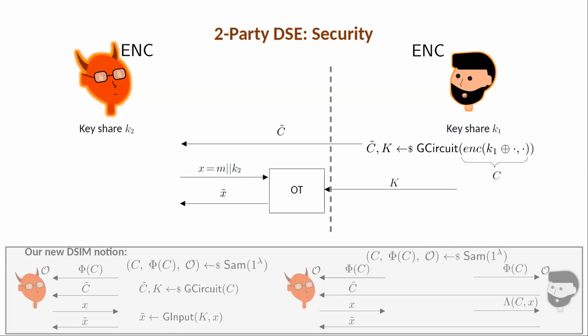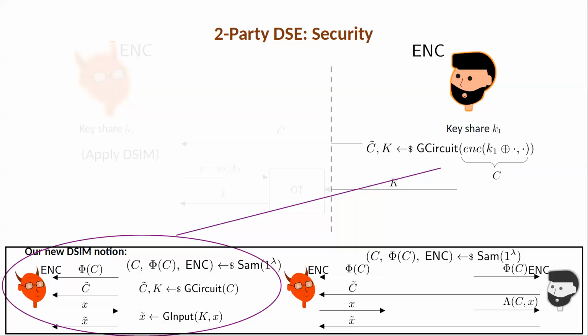How do we prove the security of this thing? Well, now we've given both parties oracle access to the encryption. You can think of this as the security guarantee of the encryption circuit. Say it provides CPA security, and so it gives encryptions under the key K. Now we see quite obviously how we can apply DSIM.